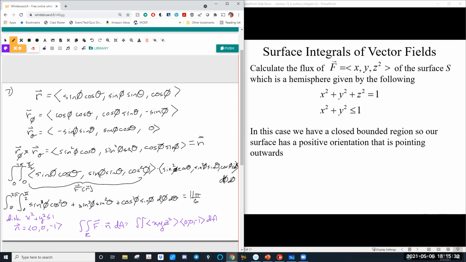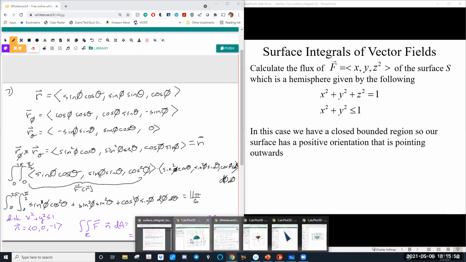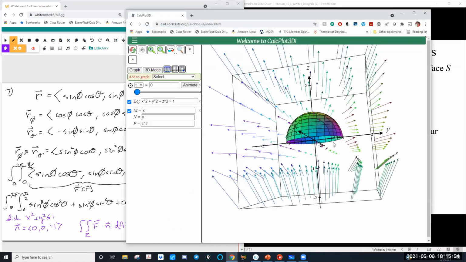And what ends up happening, we get a very trivial integrand because the only thing left is the negative Z squared. But look at what the value of Z is when we're in this disk. We're in the XY plane on this disk, so the value of Z is 0.